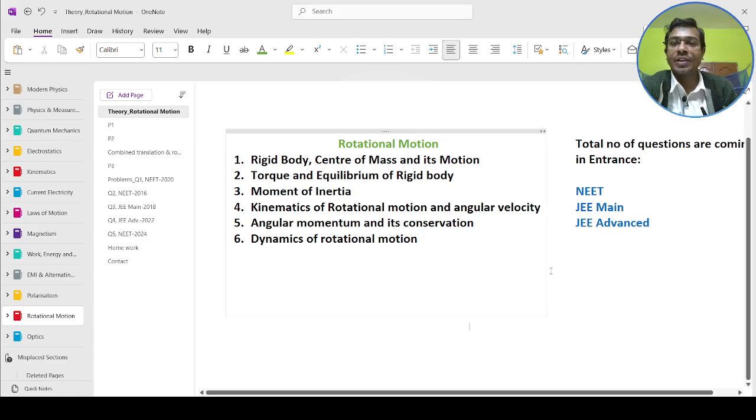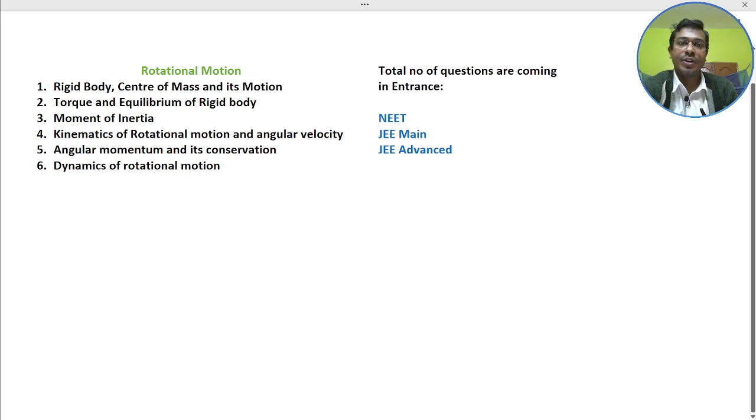So in our previous lecture we had discussed electrostatic induction and alternating current from class 12, and today's class will cover rotational motion: the rigid body, center of mass and its motion, torque and equilibrium of rigid body, moment of inertia, kinetics of rotational motion and angular velocity, angular momentum and its conservation, dynamics of rotational motion.